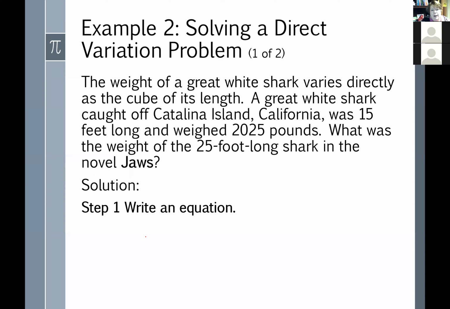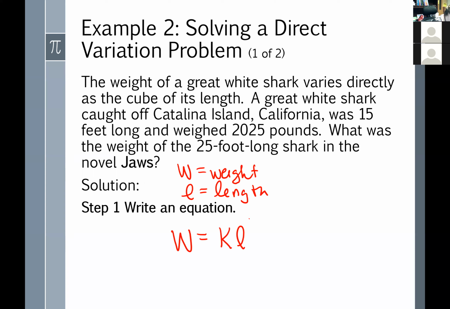The weight of a great white shark varies directly as the cube of its length. So if I use W for weight and L for length, I can write an equation. So W equals K times L cubed.